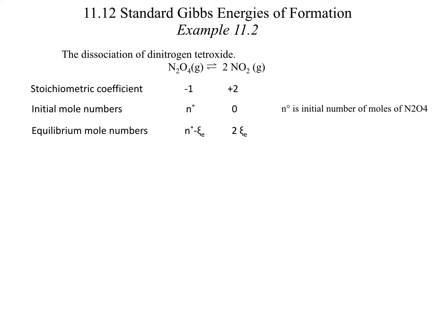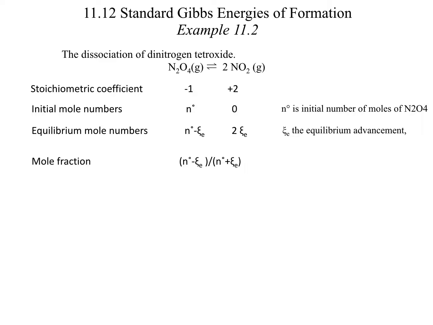So that is the mole numbers of N2O4 at the equilibrium conditions. Now we would have made twice as much NO2 as we consumed N2O4. So 2 times xi e will be the number of moles of the product produced at the equilibrium position. So xi e is your equilibrium advancement.